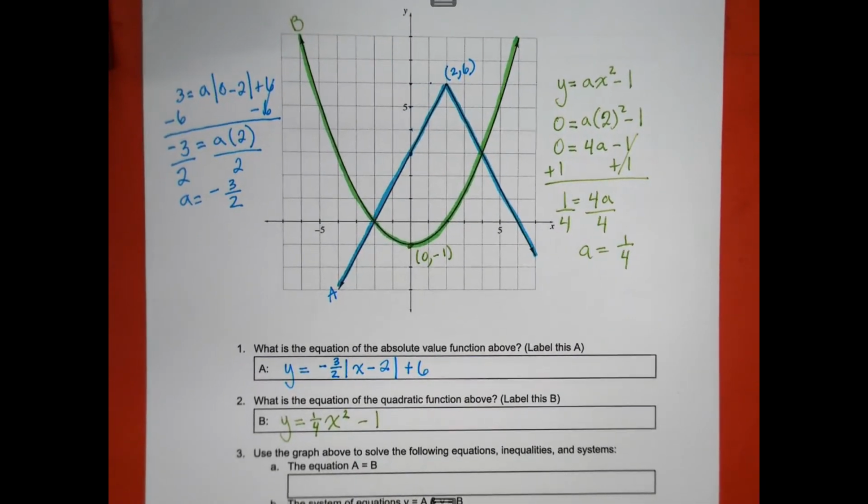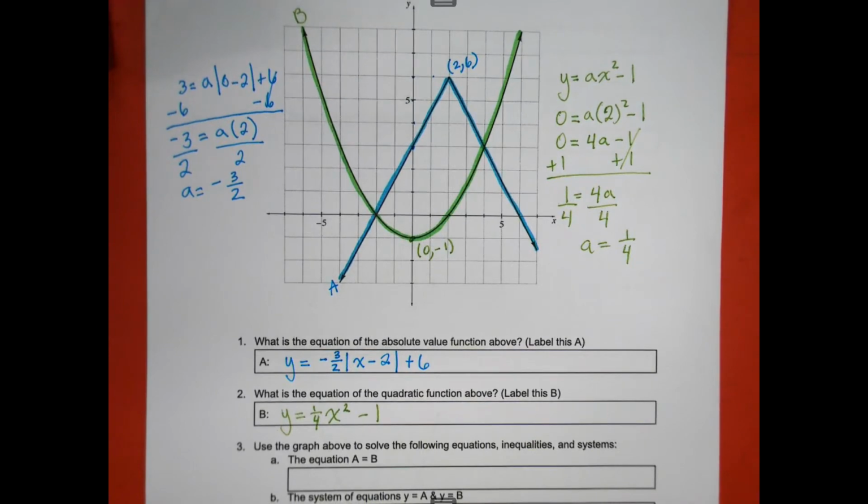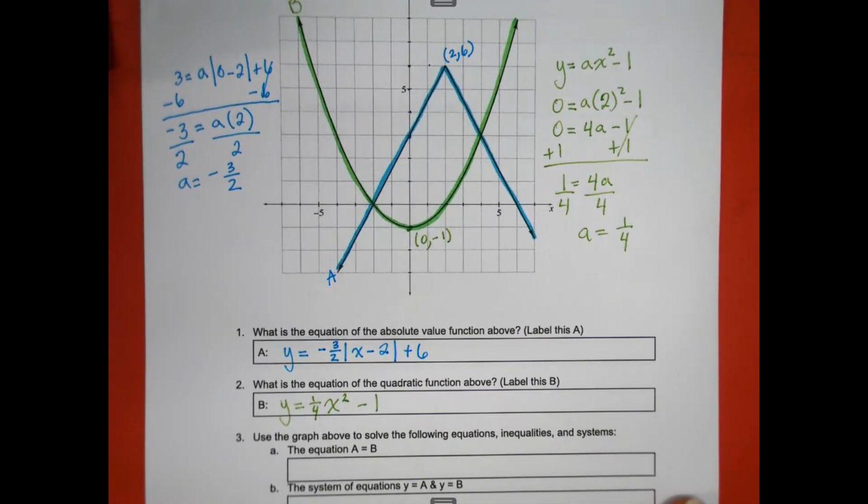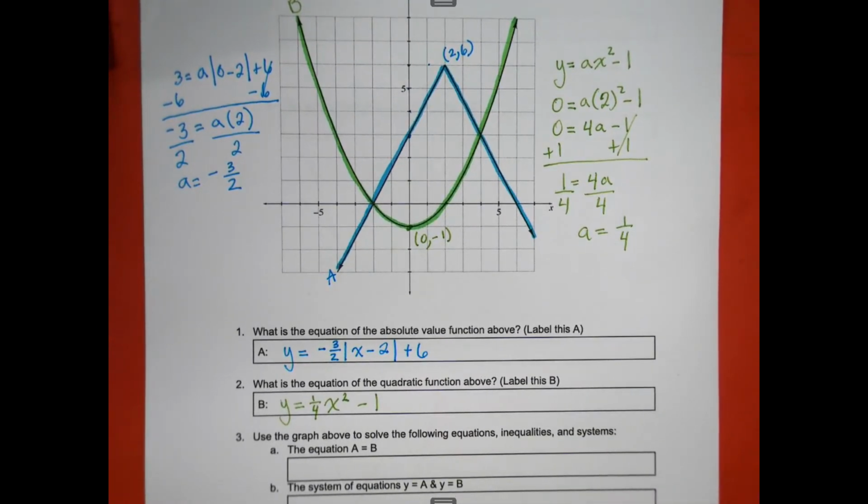Part 3 says to use the graph above to solve the following equations, inequalities, and systems. So the first thing they want us to solve is the equation a is equal to b. Well, what is our equation a is equal to b?